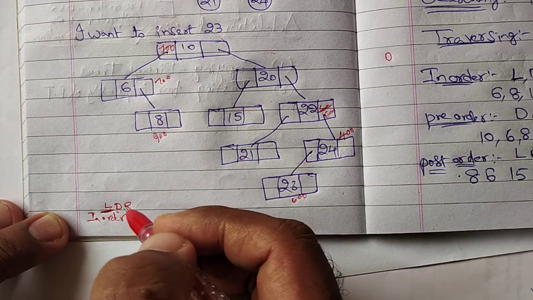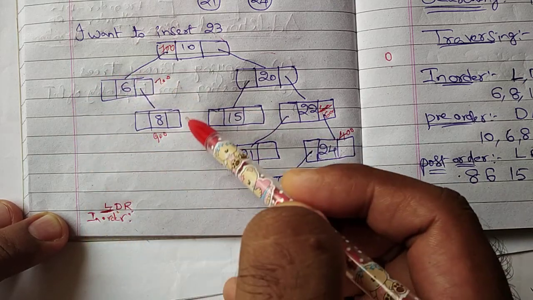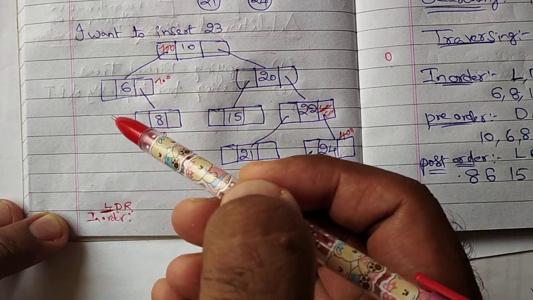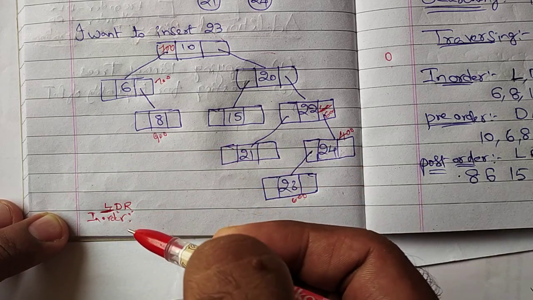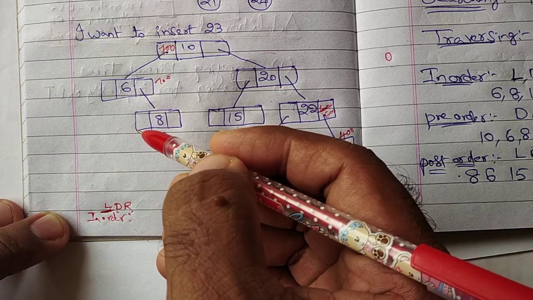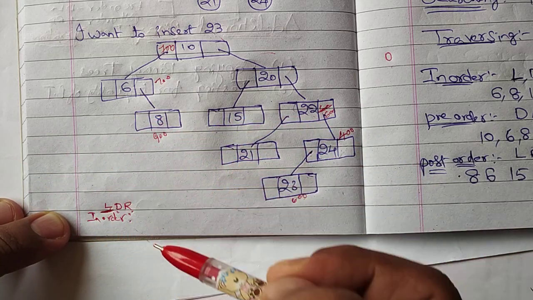So while we are traversing, whenever we get one more subtree, simply apply the same rule. This is called the recursion process. You know what is recursion? Recursion is a function calling itself again and again until it is completed.